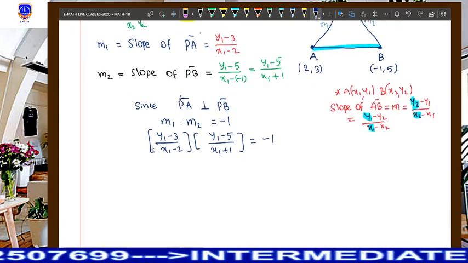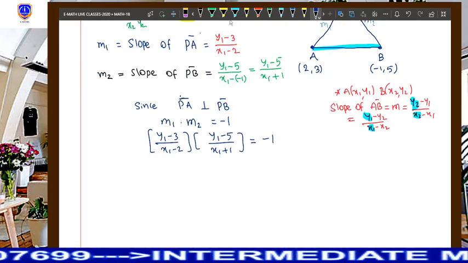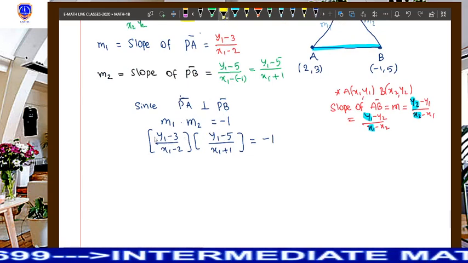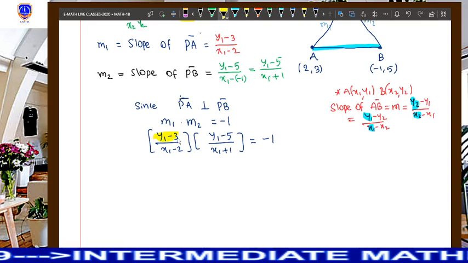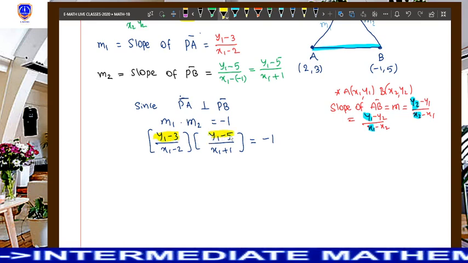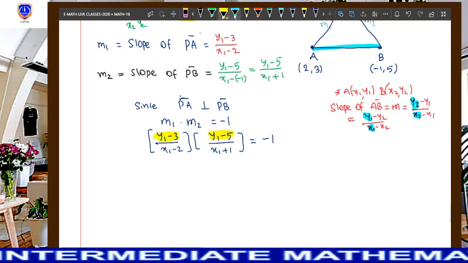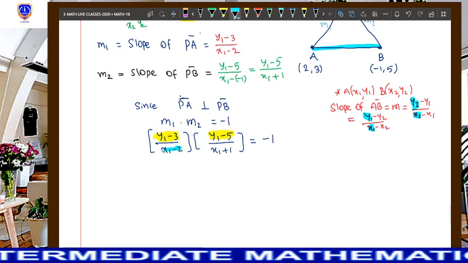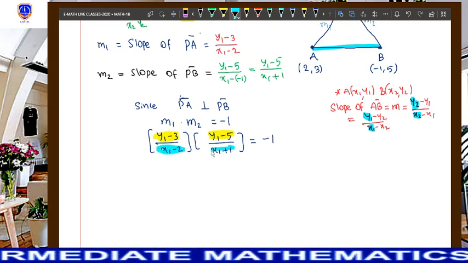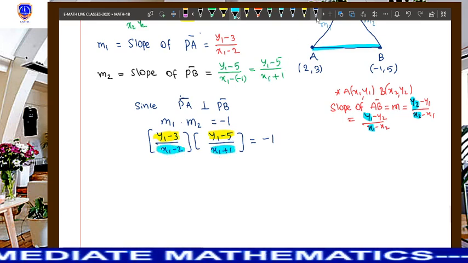Now we have to multiply the numerators together. Remember, you have to multiply these two quantities together, y1 minus 3 into y1 minus 5, and next you have to multiply x1 minus 2 with x1 plus 1. Fine.